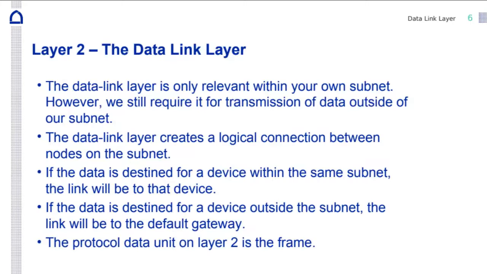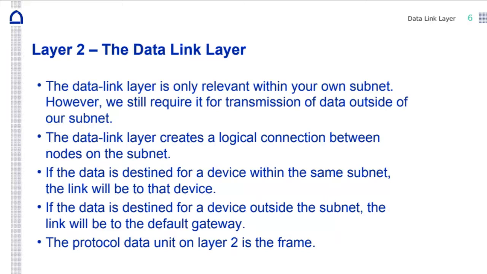The data link layer is functional or important for your subnet or for your local area, for your own subnet, because it will help each host to communicate with the host in the same subnet. All right. However, we'll still require it for transmission of data outside of your subnet.